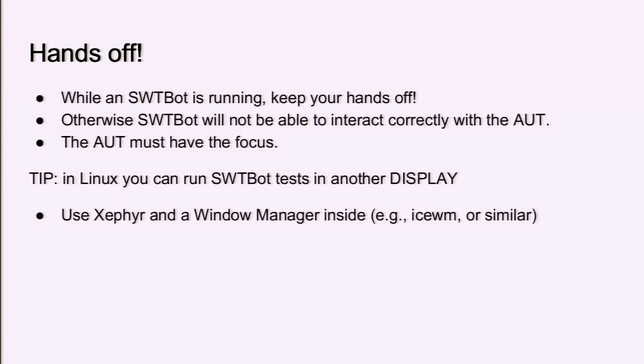If I'm not wrong, that's also useful for debugging. Because if you want to debug an SWTBot test and you don't have another display, it's kind of tricky. When you debug, if you're a bit unlucky, there are chances that you debug on the UI thread of the application you're testing, which is a mess, so you basically put it in a deadlock state.